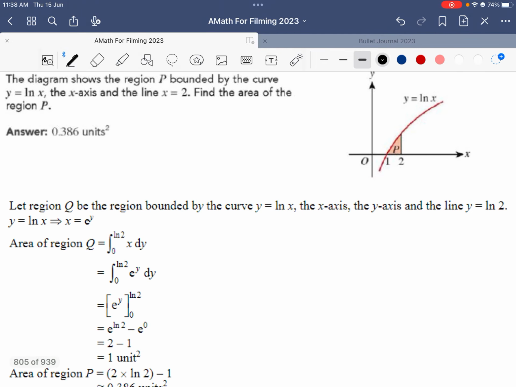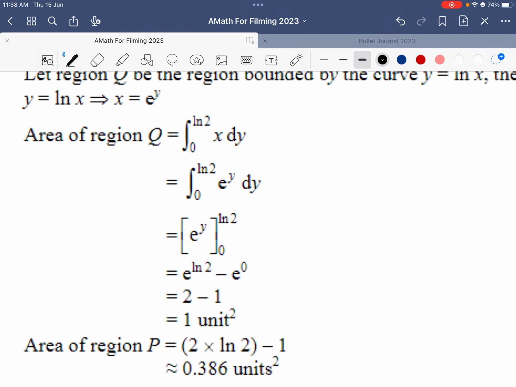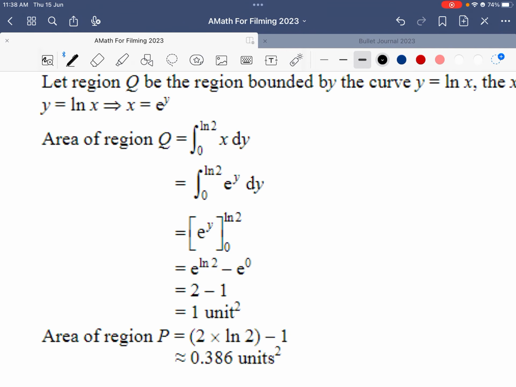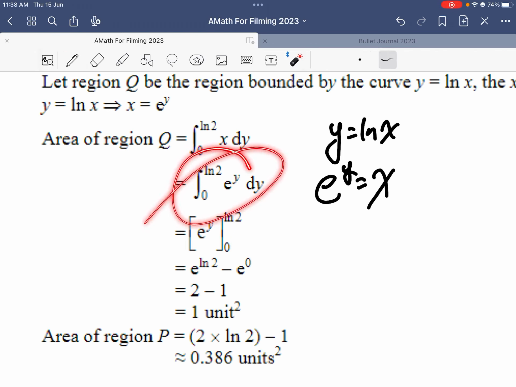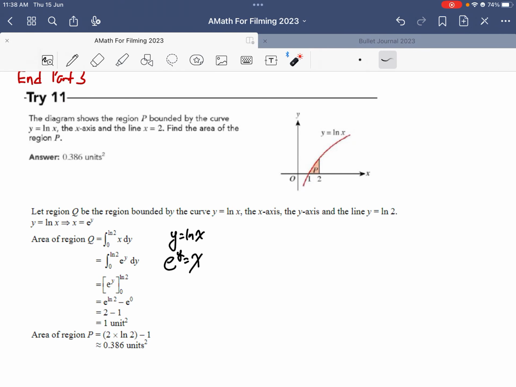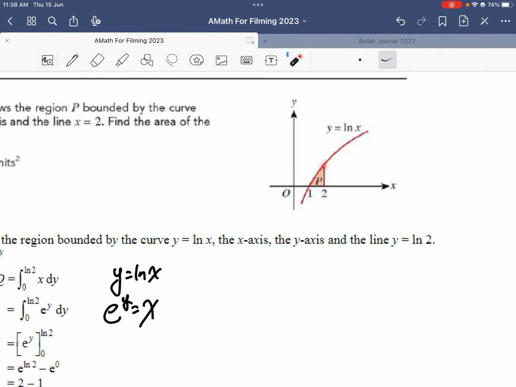Same thing, what we get here is this. If you express y equals ln x in index form, e to the power of y is equal to x. So I'm integrating e to the power of y, and my limits start from ln 2. How did I get ln 2?